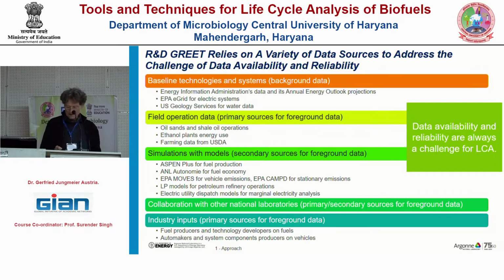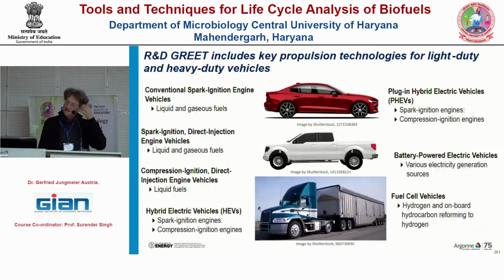But anyway, this grid model is a very good thing. It includes many different vehicle technologies. If you deal with biofuel transportation fuels, of course, if you also include the vehicle, it is very nice, because then you can really compare different fuels, especially when you compare a bioethanol vehicle to an electric car.